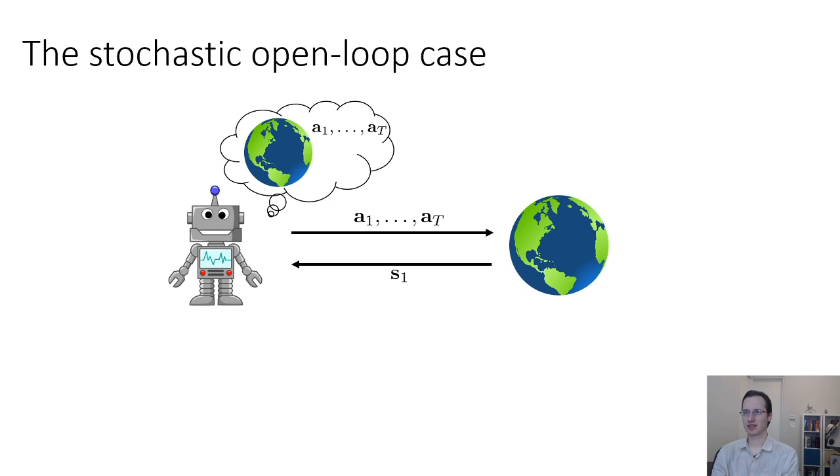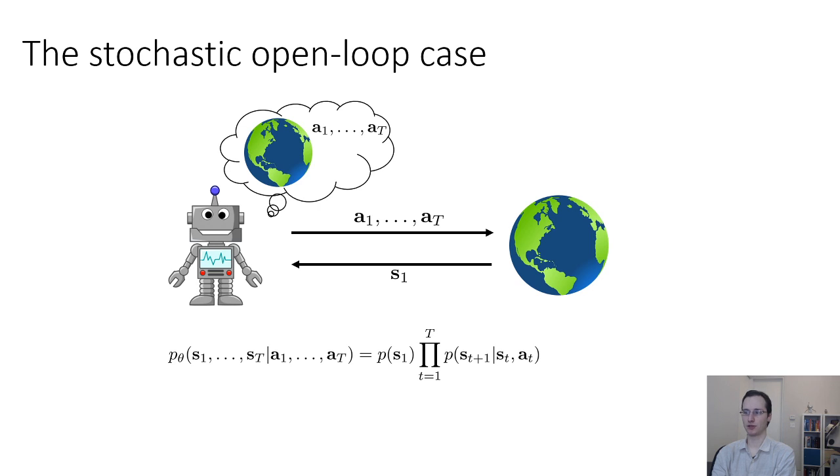But what happens in the stochastic case? So in the stochastic case, now you can define a distribution over a sequence of states conditioned on a sequence of actions. So you can say that the probability of S1 through S capital T given A1 through A capital T is given by the probability of S1 times the product of the s t plus 1 given s t, a t terms.